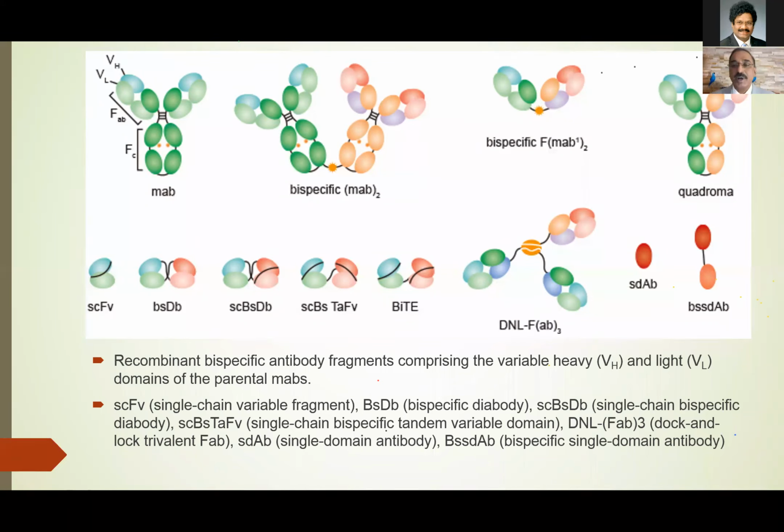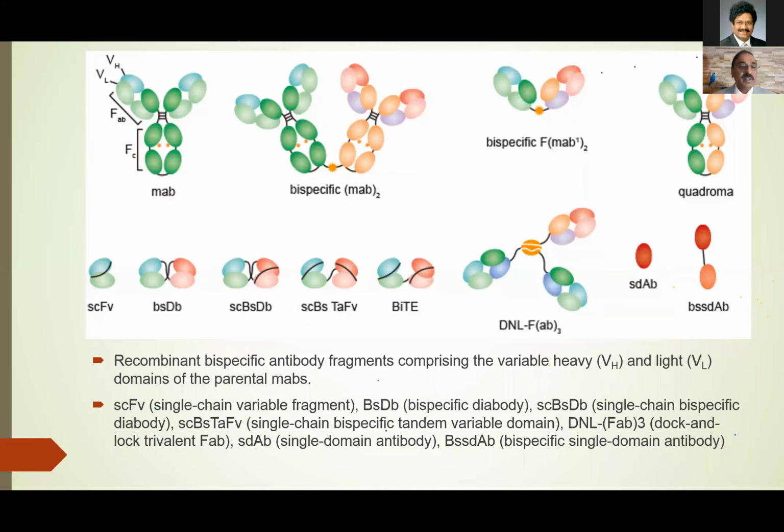Also the quadroma means it has multiple antibodies, like you saw the other antibody, they have different Fc portions, and the other antibodies, there are 3 or 4 antibodies attached, which are specific to different antigens. So they bring together the chemicals or the cells so that they can achieve the optimal effect of these cells and the drugs to achieve whatever we would like to do.